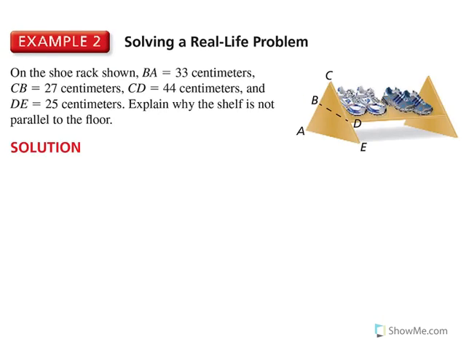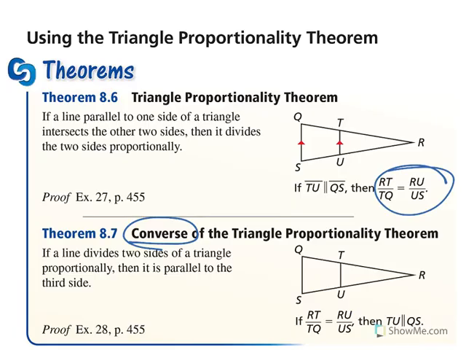In the second problem, it has these triangles set up, and it gives us the lengths of all of them, and it tells us to explain why the shelf is not parallel. In order for it to be parallel using our theorems, our converse of the triangle proportionality theorem tells us that if we can set up their proportions and they're true, then we can say that they are parallel.